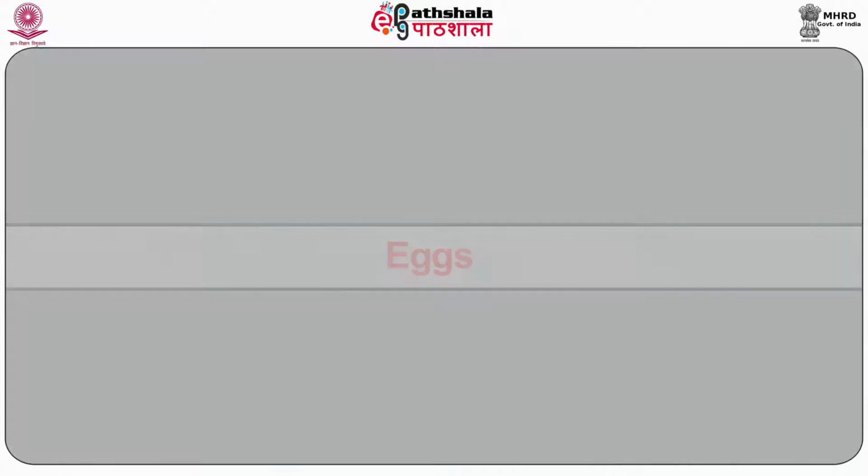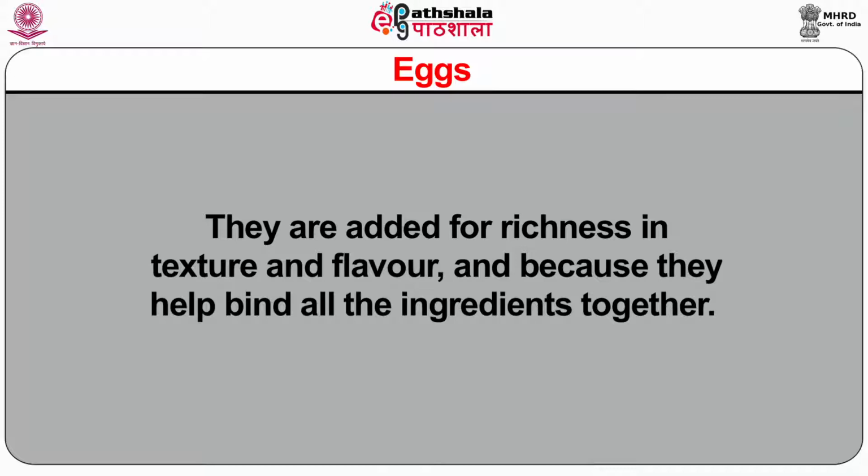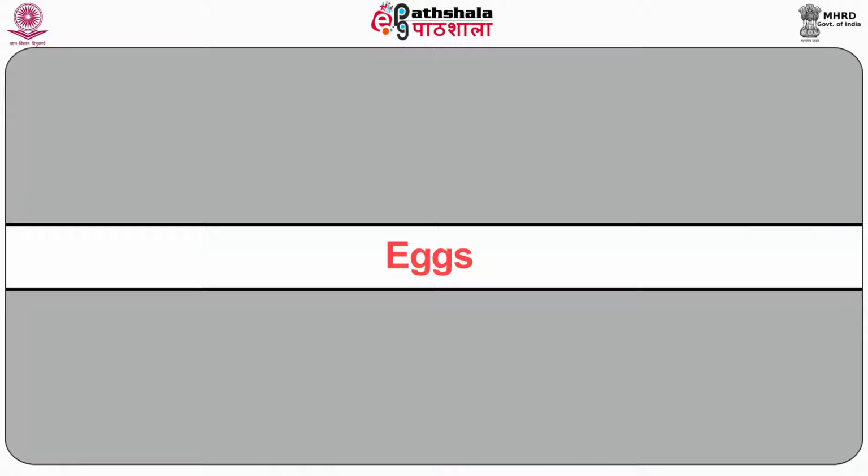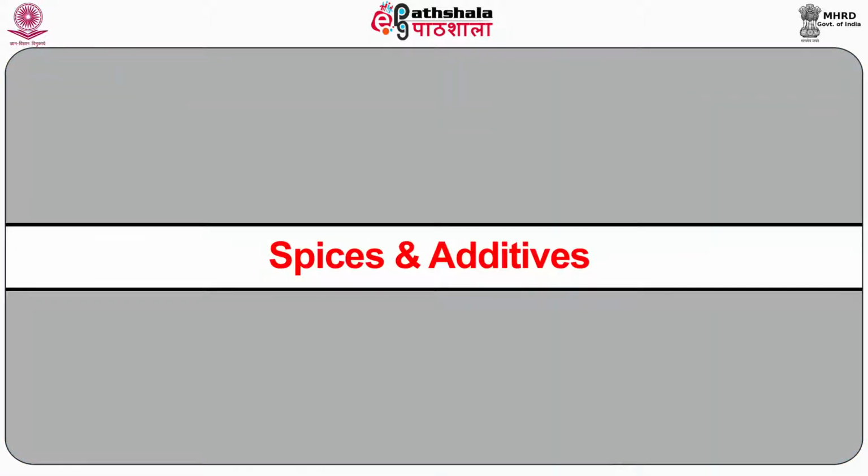Eggs. They are added for richness in texture and flavor, and because they help bind all the ingredients together. Eggs improve the handling and quality of the dough. Yeast. Yeast content is increased in pastry dough because of the high sugar content. Spices and additives.